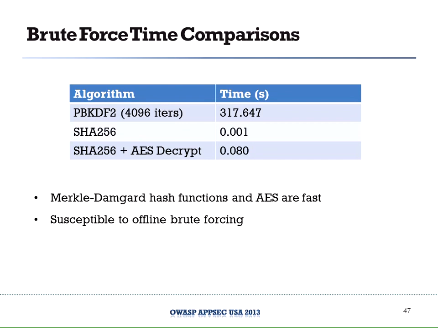In order to exploit this vulnerability, I would need to do a SHA-256 to generate the key, and then do an AES decrypt. The key thing about AES decrypt is that both are designed to be fast. The main purpose of AES is to be fast and secure. So, as you can see, it still takes very minimal time to do an AES decrypt along with the SHA-256.